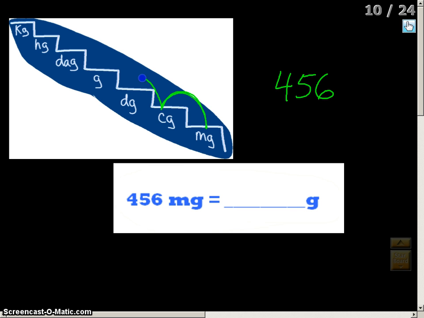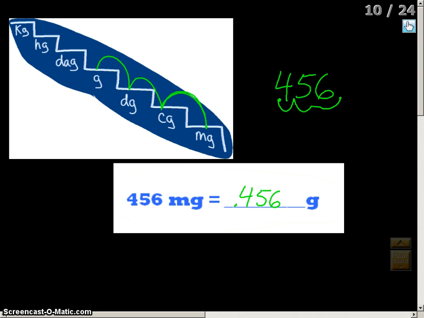That's 1, 2, 3 steps. Since I went 3 steps up, I'm going to move my decimal point 3 place values to the left. So 1, 2, 3. I have 456 thousandths for my answer.